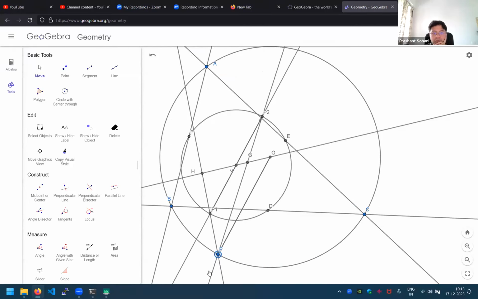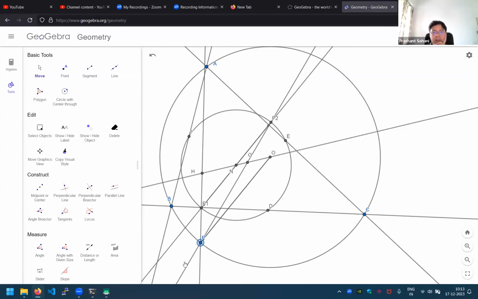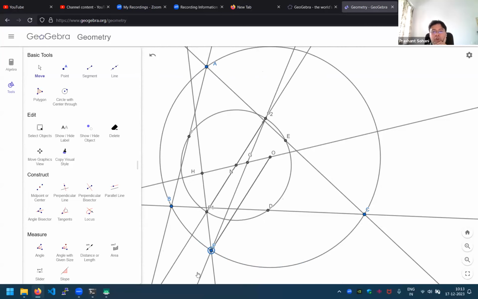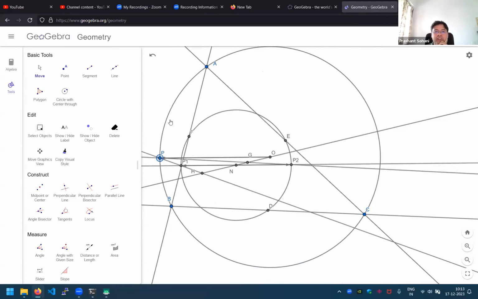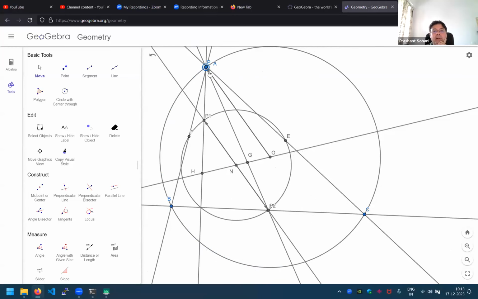Observe how, as a result of this homothety, so many things follow naturally as a consequence. For example, if I take this point P at my vertex A, what is going to happen? Because of this homothety, with H as the center and ratio plus half, this point P is going to go to P1, because it is just going to be the midpoint.